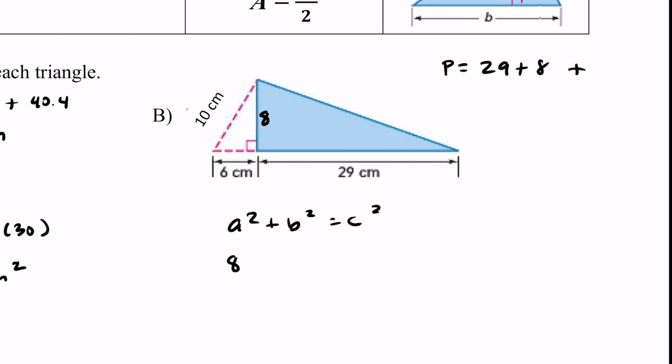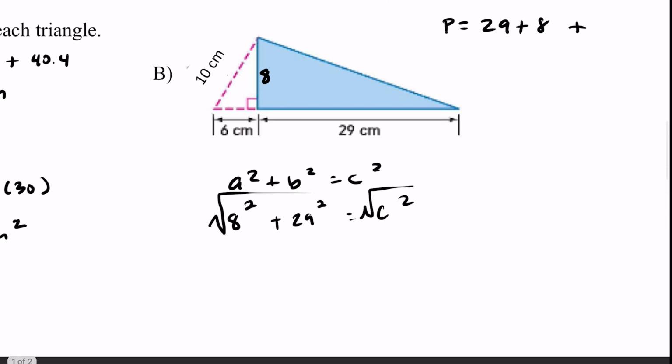A is going to be 8, so 8 squared plus b, that's 29 squared, equals c squared. And now if I take the square root on both sides, c is approximately 30.1. So this side here, which is across from the 90-degree angle, is 30.1.